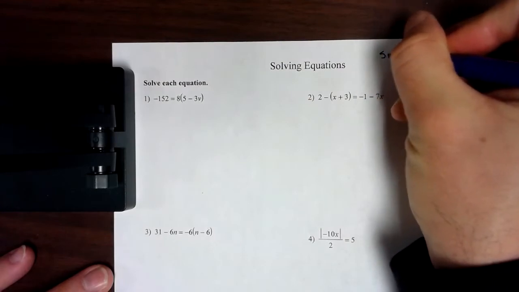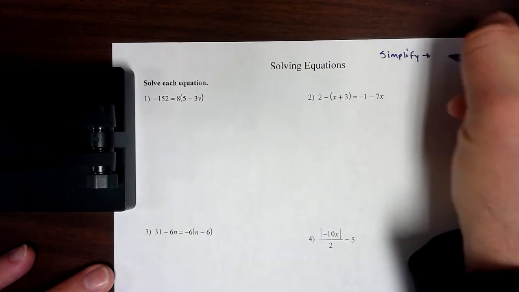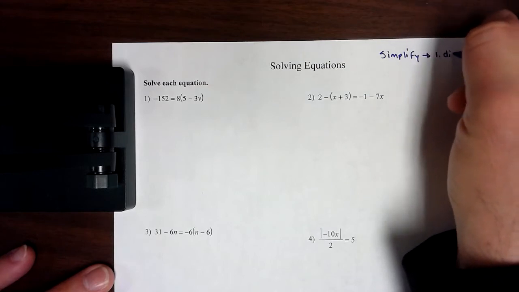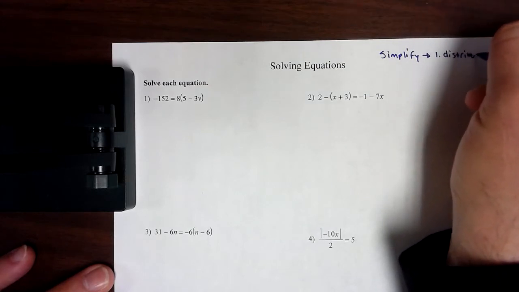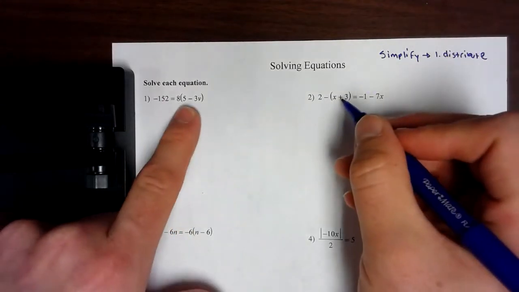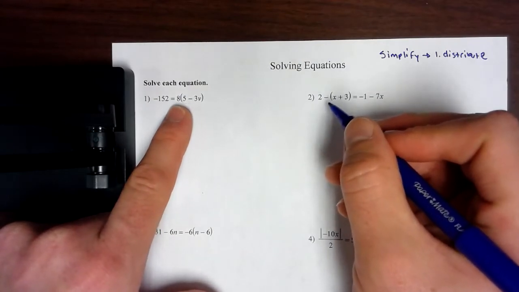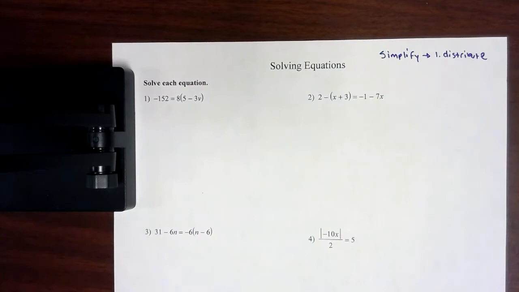So let's write this down. To simplify means to, one, distribute. And remember, we distribute anytime we see something in parentheses. And if we have something in front of those parentheses besides just a +1, we're going to distribute that into those parentheses.